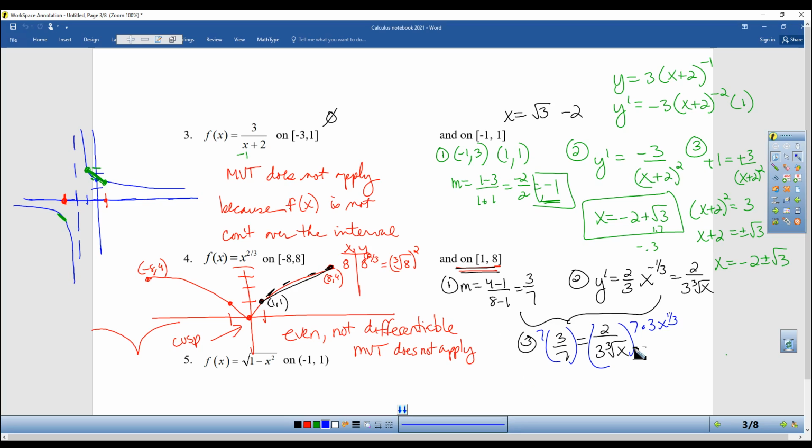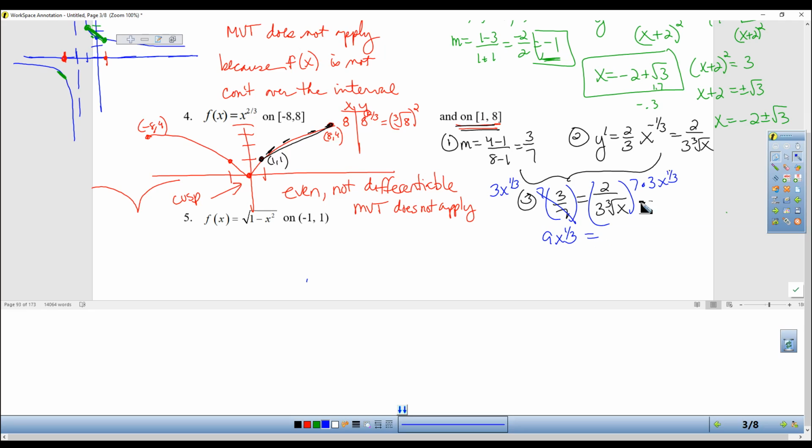I keep changing my mind about how I want that to look. It doesn't really matter. Whatever you're most comfortable with, you should be writing. My 7's cancel, and I get 9x to the 1/3 is equal to, this all cancels, and I get 14. x to the 1/3 is equal to 14 over 9.